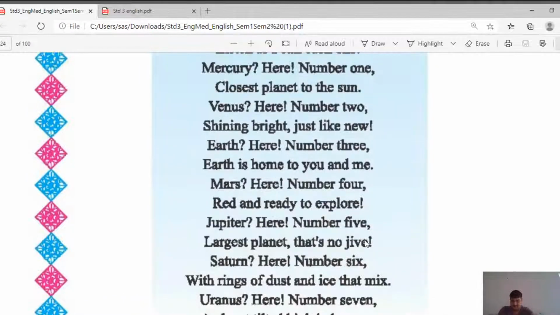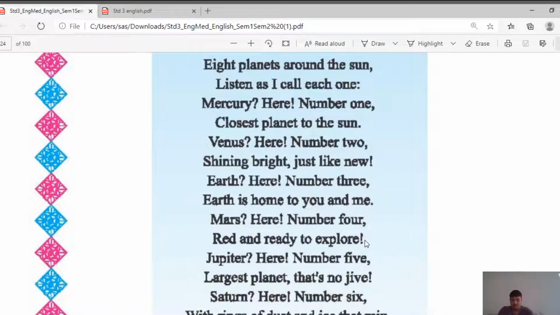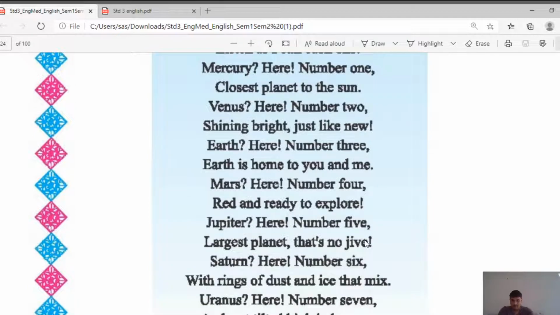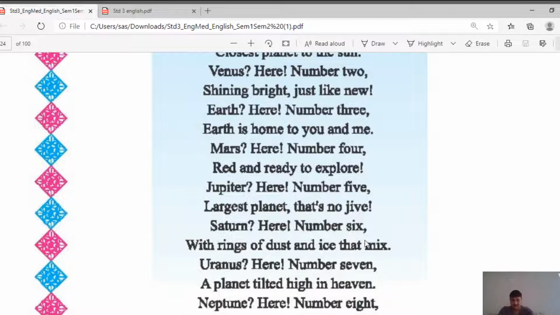So we can see, students, here we have Mercury, the number 1, which is very much closest to the sun. Venus is very much bright. Earth, where human beings and the creatures live. Mars, which is very much red. Jupiter, which is the largest planet. Saturn, with rings of dust and ice that mix.